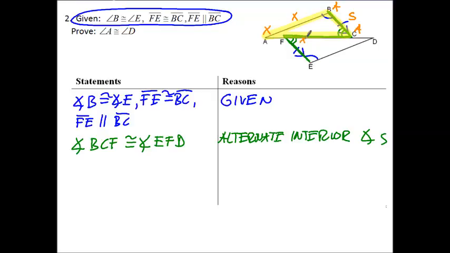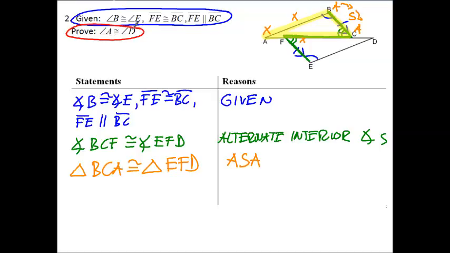We can't cross more than one X, remember, so we have to go from A to S to A. ASA is the reason why those two triangles, triangle BCA and triangle EFD, are congruent. Triangle BCA is congruent to triangle EFD, and the reason is the angle side angle congruence postulate.